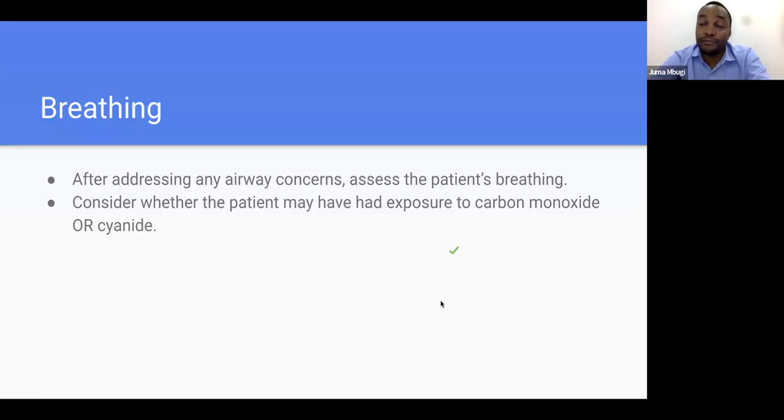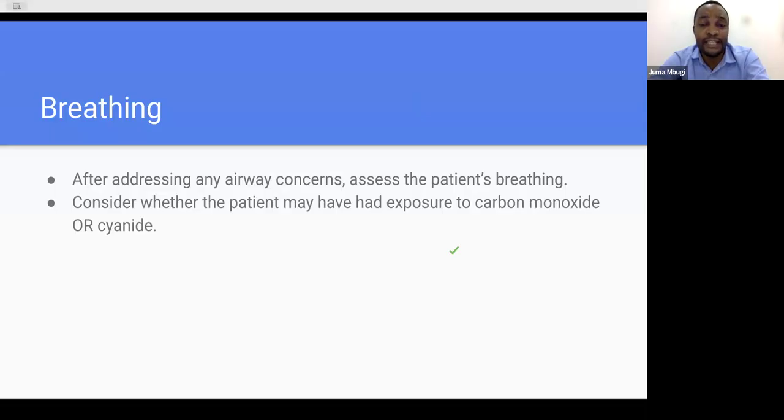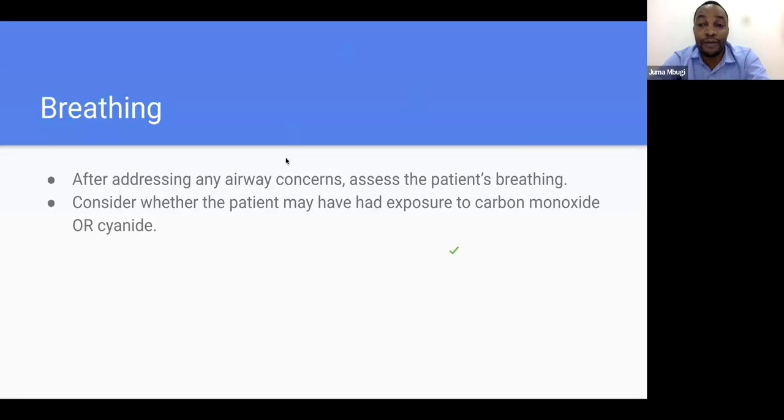And especially in patients sustaining burn injuries from an enclosed fire, think about carbon monoxide and cyanide poisoning. We will see later how to go about carbon monoxide and cyanide poisoning.